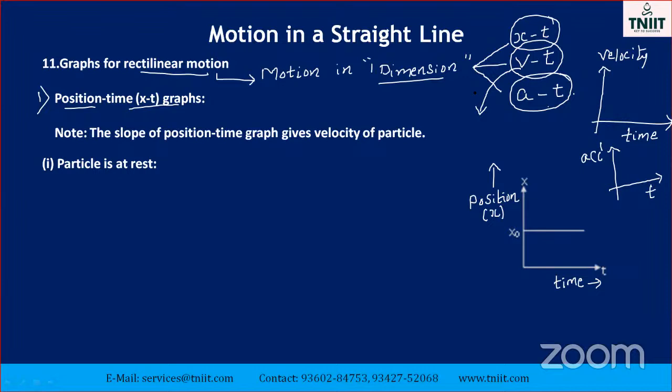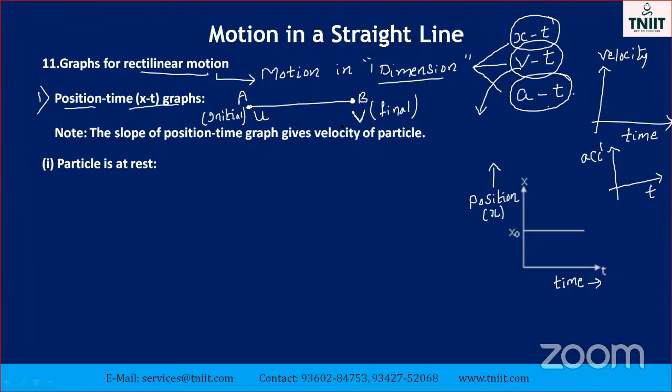You know that whenever a body is moving from the initial point A to the final point B, A is called the initial point and B is called the final point. Usually the initial velocity we represent with u, and the final velocity is represented with v.